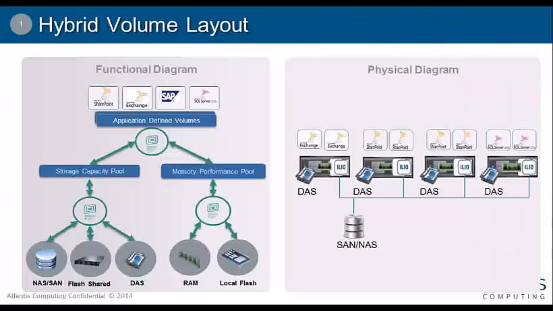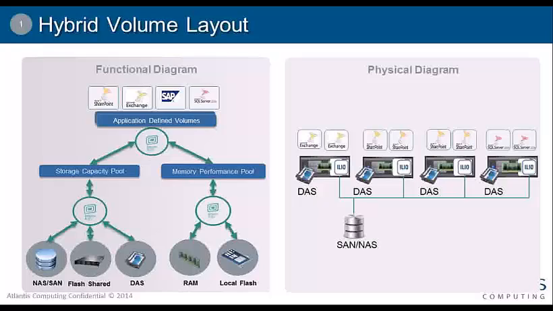If you look at the diagram here, on the left-hand side, there's a functional layout of the hybrid volume architecture, which is essentially the memory performance pool acting as a performance accelerator for the storage capacity pool.